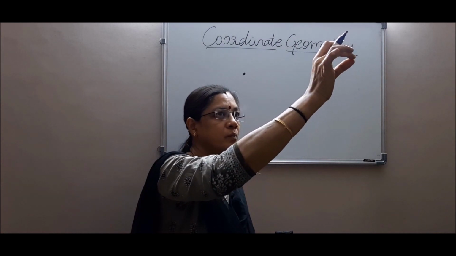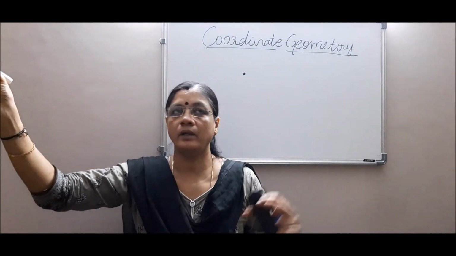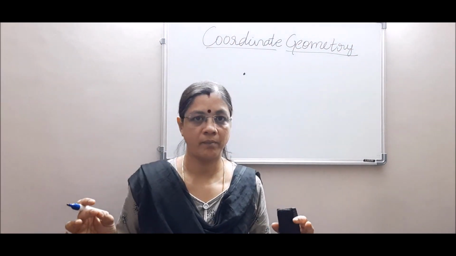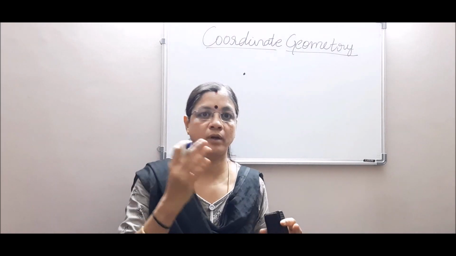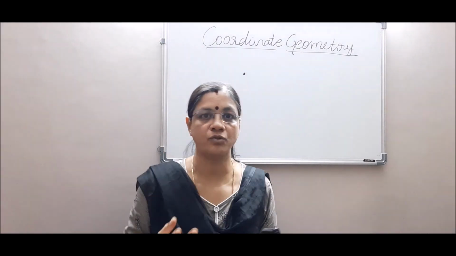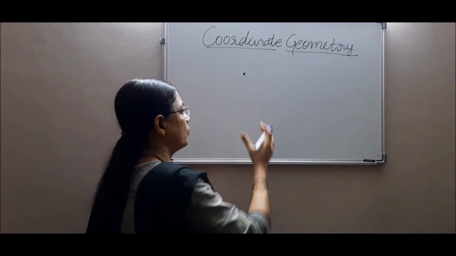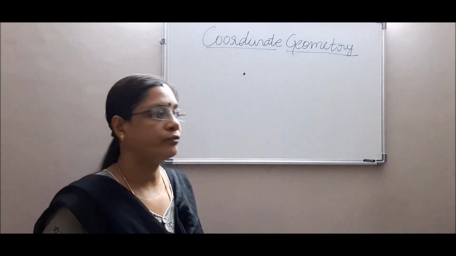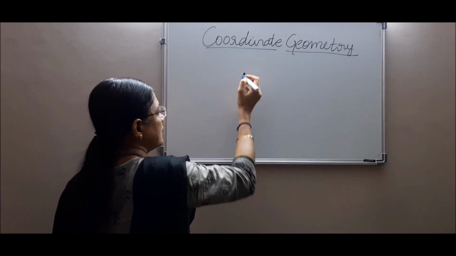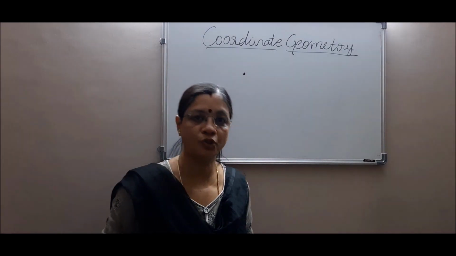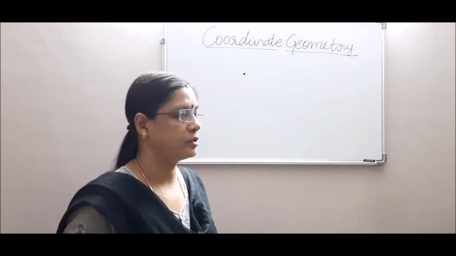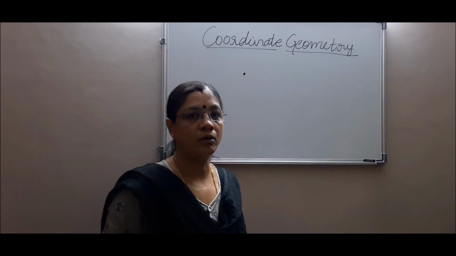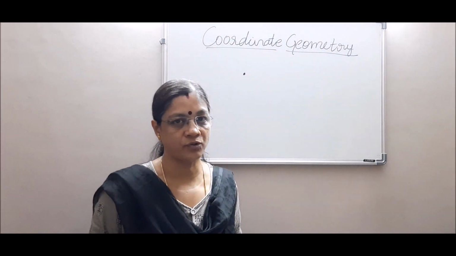Let us imagine there is a point here, and the length of this point. I won't be able to explain it, and you won't be able to imagine it. So let us put it on the paper, or on the plane of the board, and let's see what the position of this particular point is. So that is what coordinate geometry is all about.